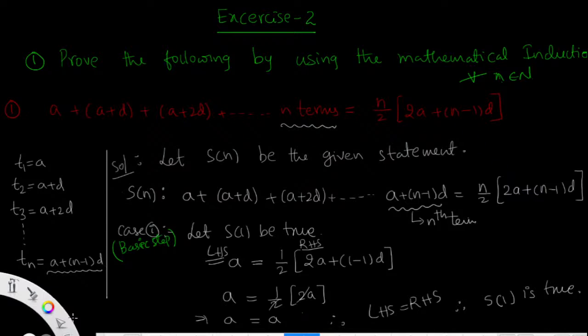In the RHS, 1 by 2 into (2a plus (1 minus 1) into d) gives 2a, and the 2s cancel. Both are equal, a equals a, so LHS equals RHS. Therefore the given statement is true for n equal to 1. The basic step is over.